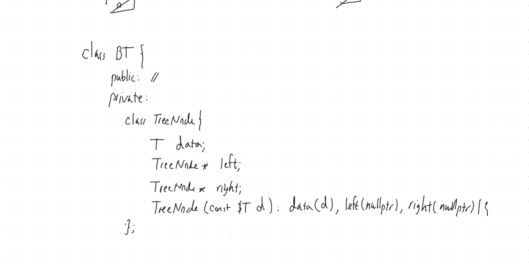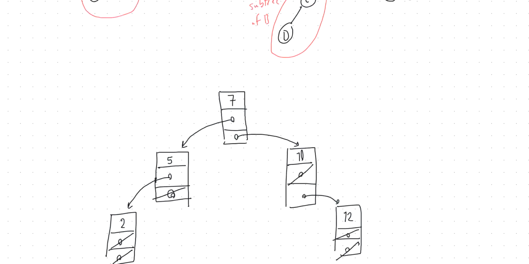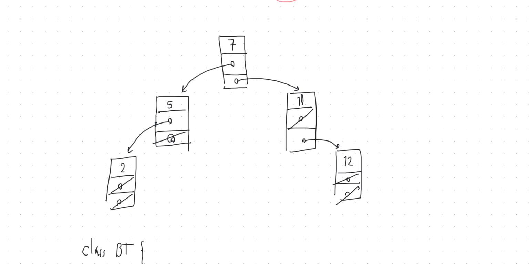Now, a similar story here. If you want to access every node in a tree, the only thing that you need to know is where the root node is, because from the root node, you can find out the address of the left and also the address of the right child. And then from the left child, you can find the left and right children of that, and so on and so forth. So if I tell you where you can find in the memory the root node, then that would be enough information to access every other node in the tree.